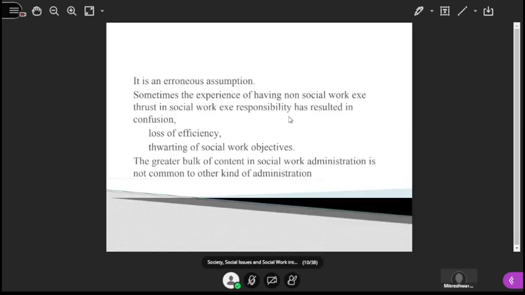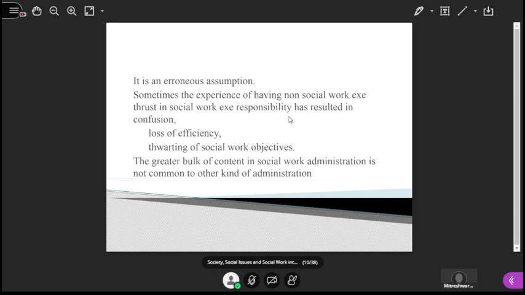So it is an erroneous assumption, sometimes experience of having non-social work executives thrust in social work executive responsibility has resulted in confusion. Alors, qu'est-ce qui se passe au point de vue qui fait un MBA, il a une maîtrise en social work et au fait placer à la tête d'une organisation qui deliver service to poor people.